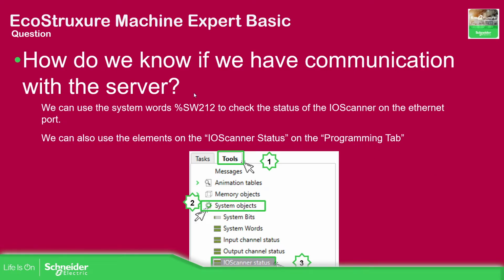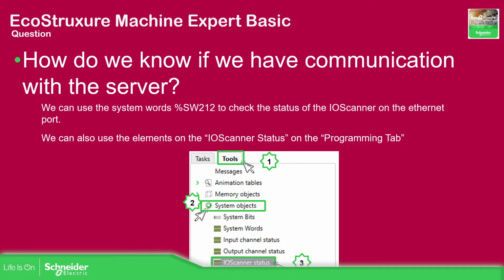Now, in order to check if we have the communication, there are some internal variables inside the system of the PLC, which is the %SW212, okay, that allows us to see the status of the IO scanner.